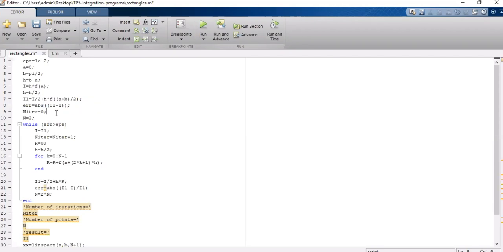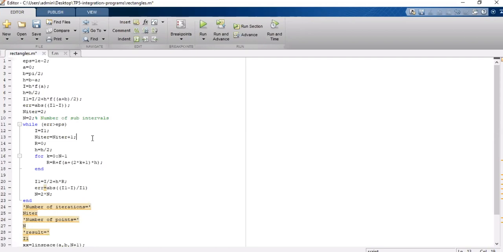So the number of iterations is equal to 0. And now here n must be equal to 2, excuse me, n equals 2. This is the number of subintervals.